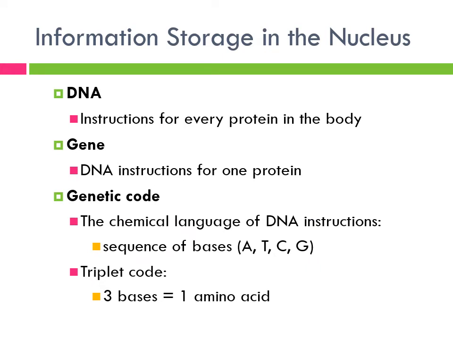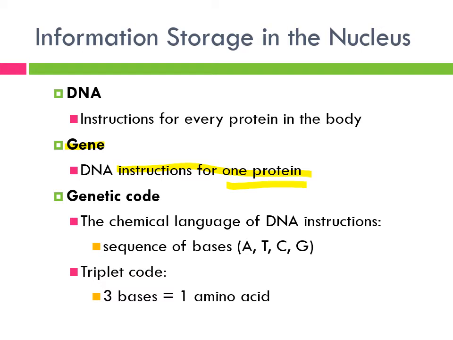DNA contains the instructions for every protein in the body. Again, DNA contains the instructions for how to build every protein in the body. A gene contains the instructions for one single protein. So DNA, every protein in the body; a gene, one single protein.